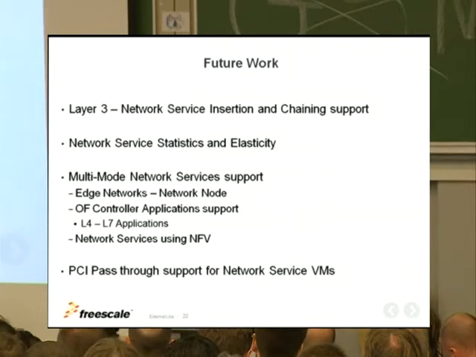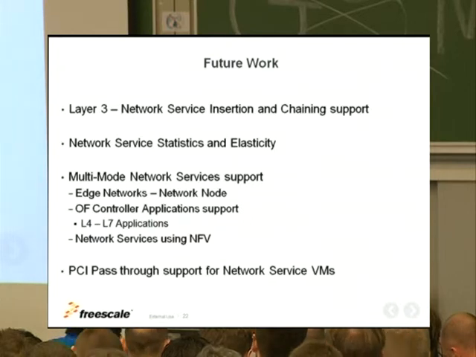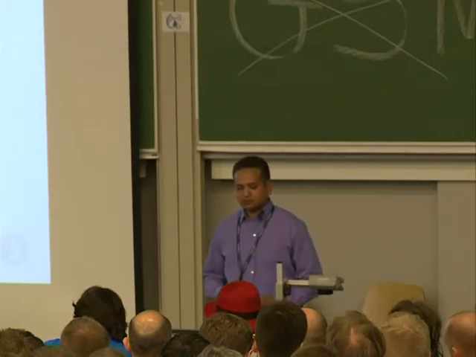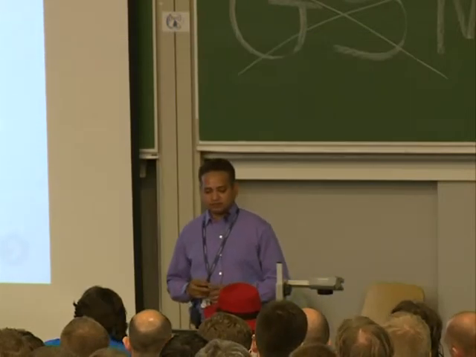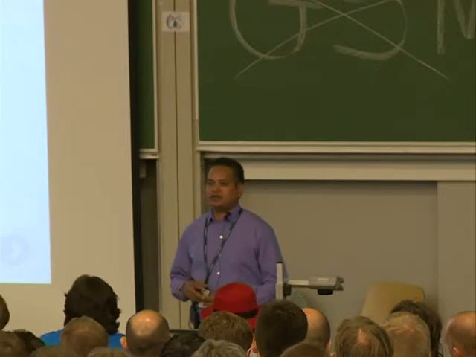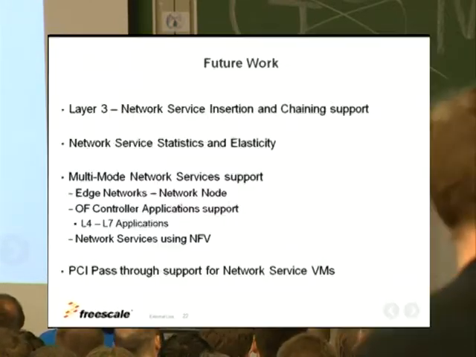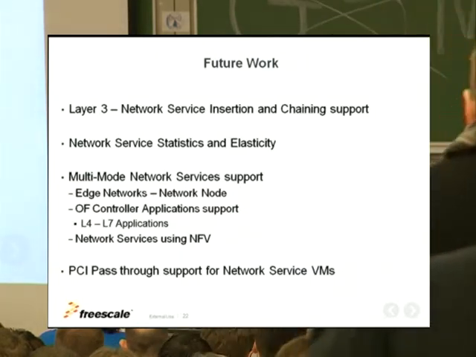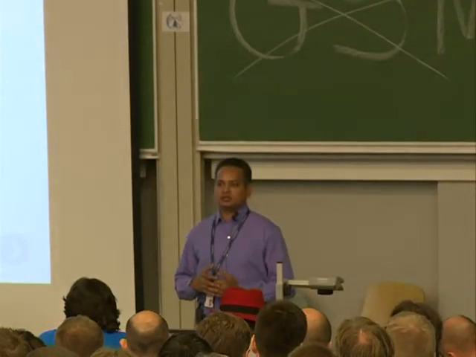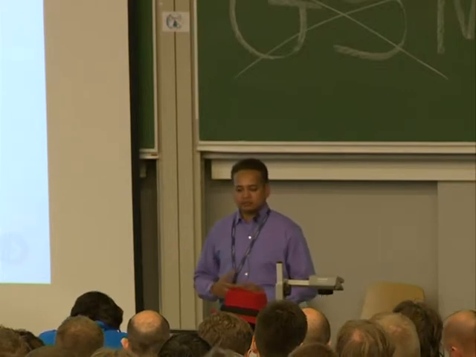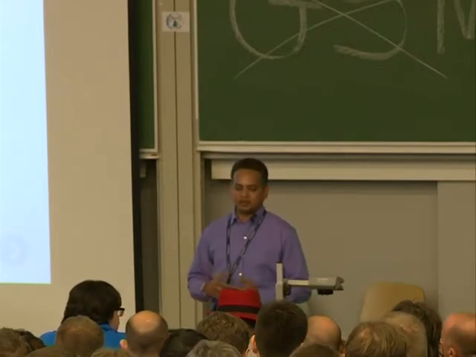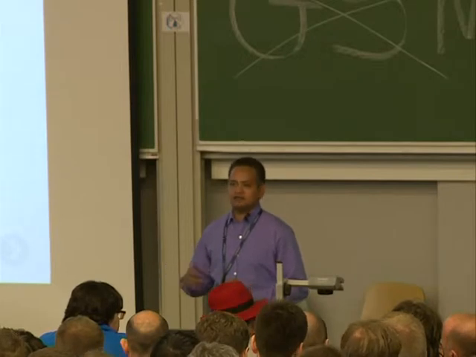The future work we are planning is layer 3 network service insertion and chaining support, and network service statistics and elasticity. Based on the statistics generated by the network functions, the network services can be scaled up or scaled down, with dynamic launching of these network services.